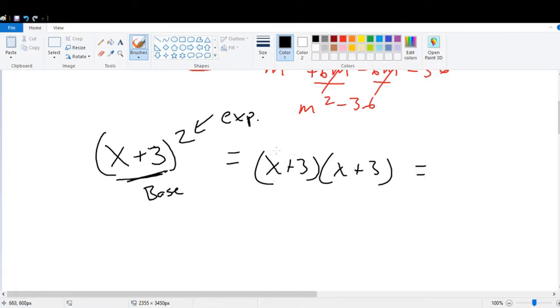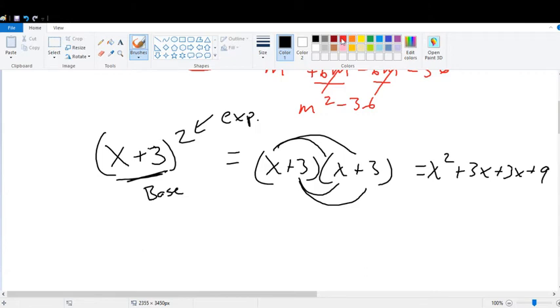So you can distribute the x to the x, to the 3, 3 to the x, and 3 to the 3. So we end up with x squared plus 3x plus 3x plus 9. And if you notice, these two here are like terms. So we have x squared plus 6x plus 9. Okay, so we have two of these equals 6x.